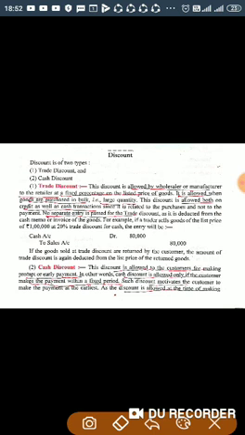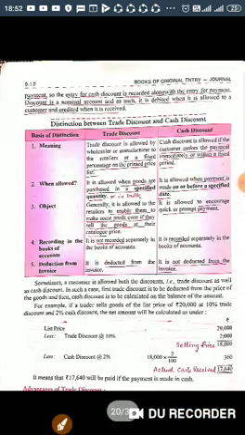In other words, cash discount is allowed only if the customer makes the payment within a fixed period. Such discount motivates the customer to make the payment at the earliest. As the discount is allowed at the time of making payment, the entry for cash discount is recorded along with the entry for payment.